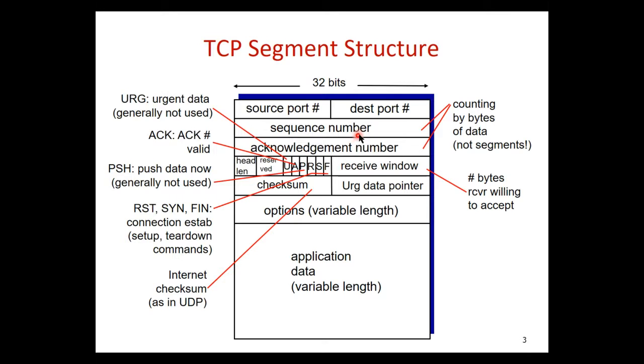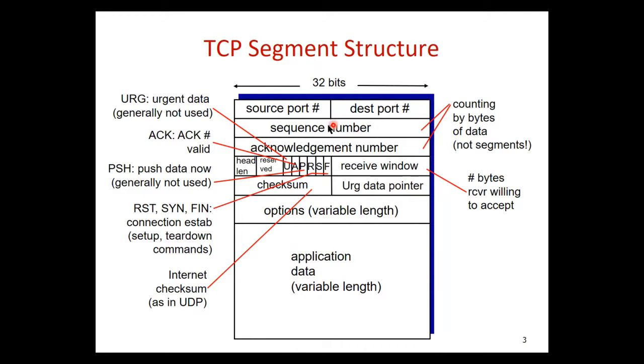Next we have the sequence number. Remember in the pipelined protocols, Go-Back-N or Selective Repeat, we have a sequence number attached to each packet, and more or less the assumption was that the sequence number is 1 for the first packet and then increments at each packet: 1, 2, 3, 4, and so on.